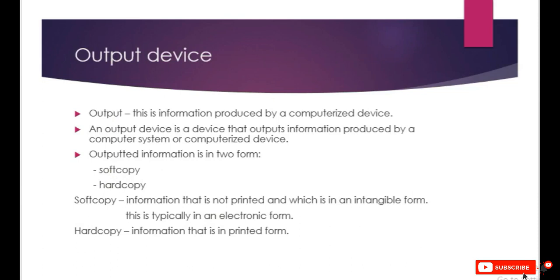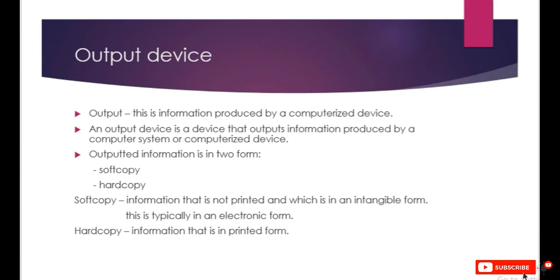Okay, so first of all, let us look at really what output is, and then we look at what an output device is. So output is essentially the information that is produced by a computerized device. By computerized device, there are different types of computer systems. So you have things like your handhelds, your desktop computer, laptop, and so forth, supercomputers, mainframe computers. All of these different types of computer systems will produce information after data would have been processed.